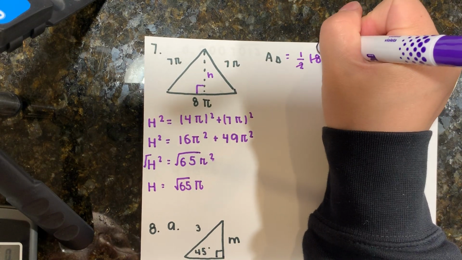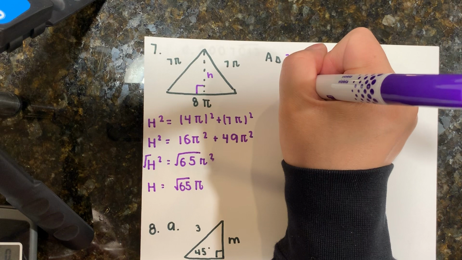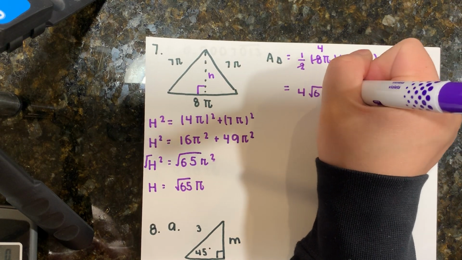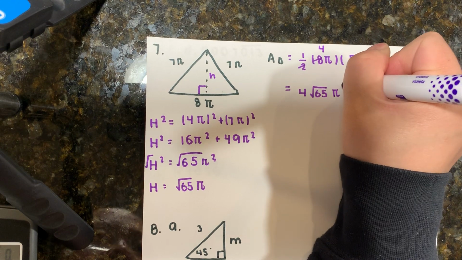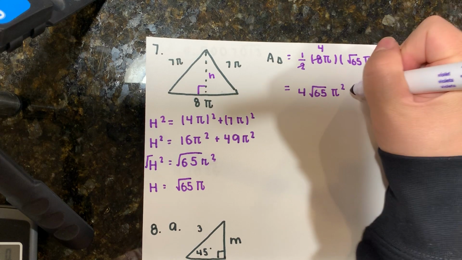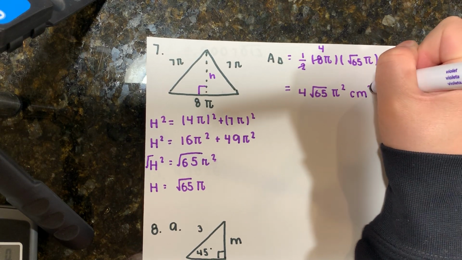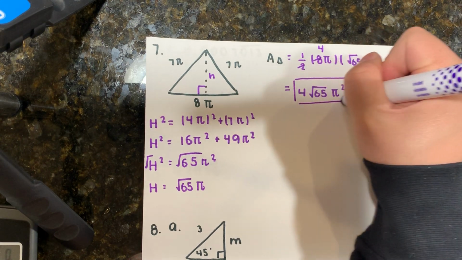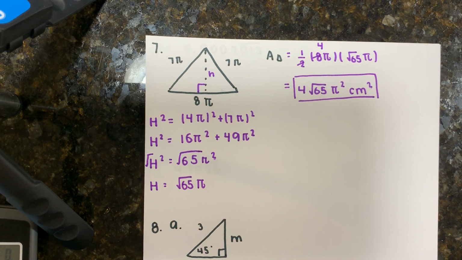And 2 goes into 8 4 times. So your answer is just going to be 4 square root 65 pi squared centimeters squared. And that's without actually plugging that into your calculator.